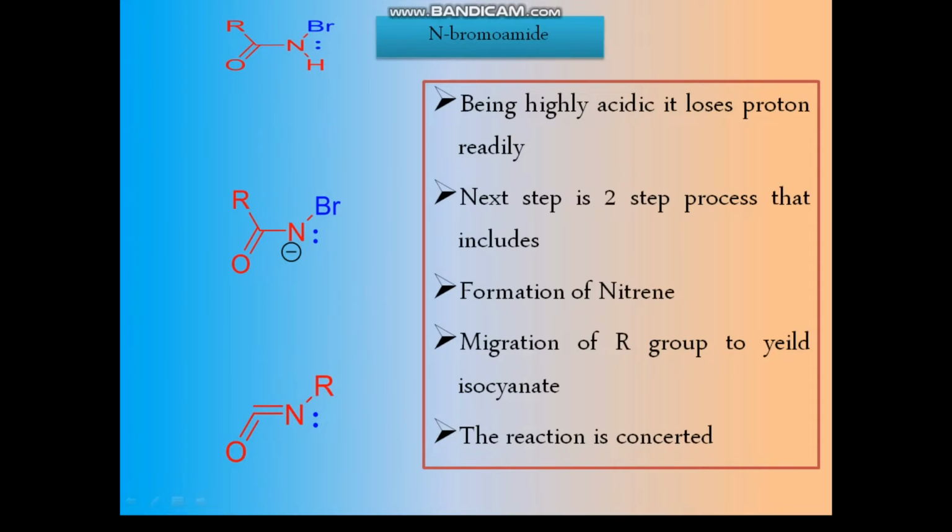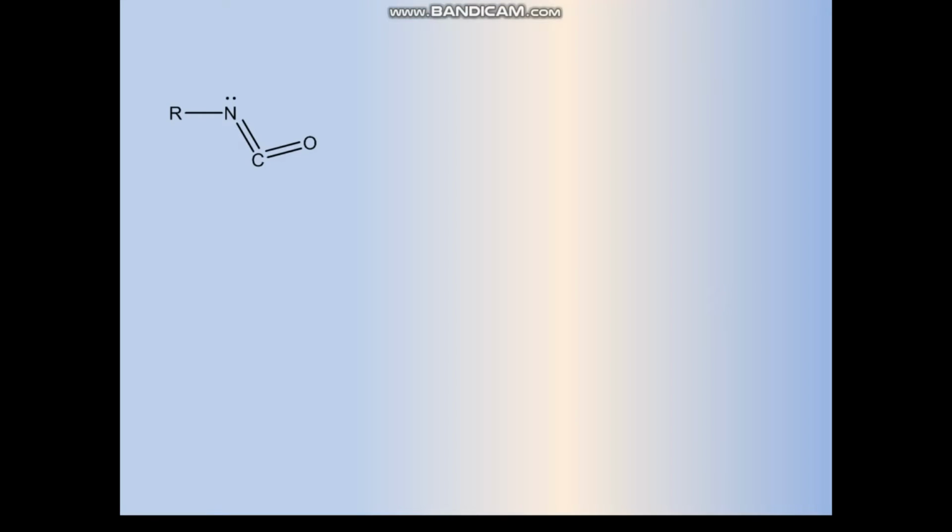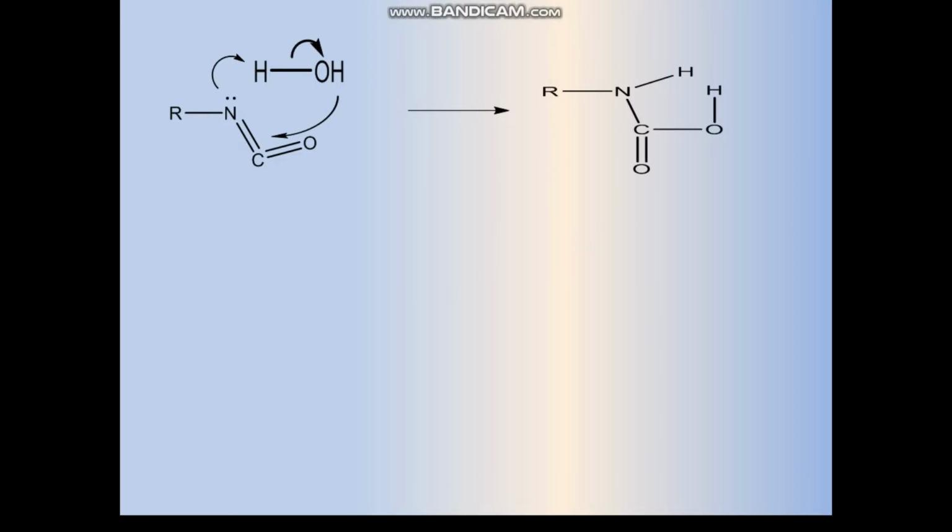So actually this is the complete mechanism, but then we need to account for how this amine really formed. Probably this isocyanate might have reacted or undergone hydrolysis with water, and therefore by a series of reactions, that is abstraction of proton, the hydroxyl group generated acts as a nucleophile. It further attacks the carbon in a nucleophilic attack, leading to this formation, right?